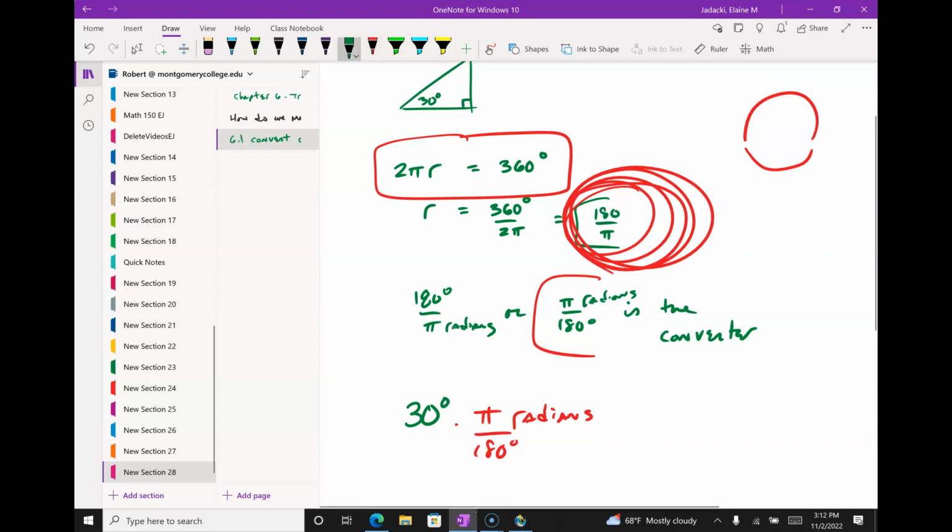What do I get? Pi over 6. The degrees cancel, right? 30 over 180 is 1 over 6. So this is it, pi over 6 radians. Whenever I'm converting degrees to radians, I multiply by pi radians over 180.